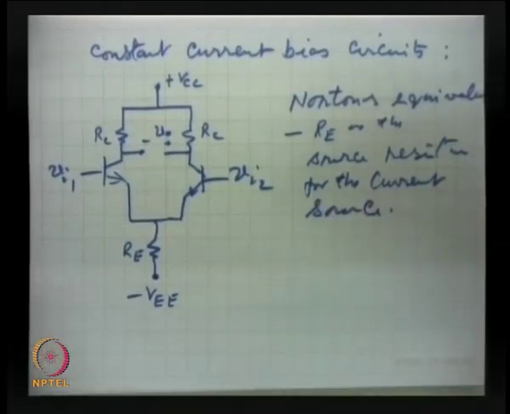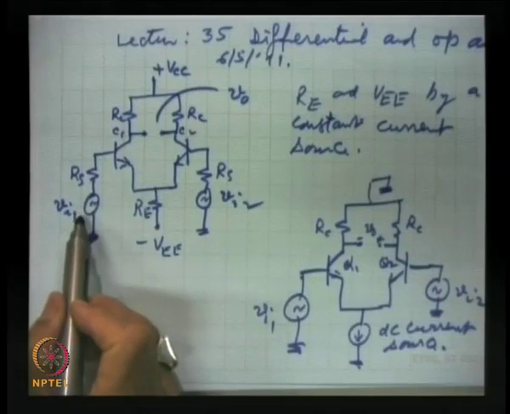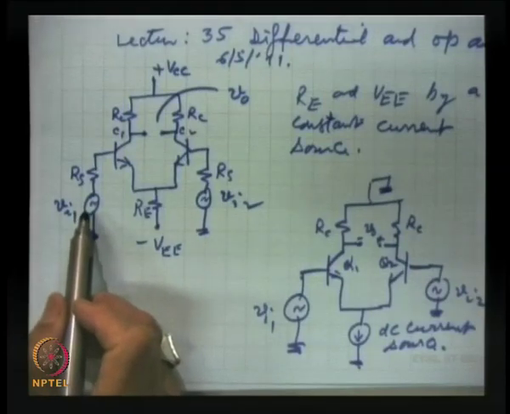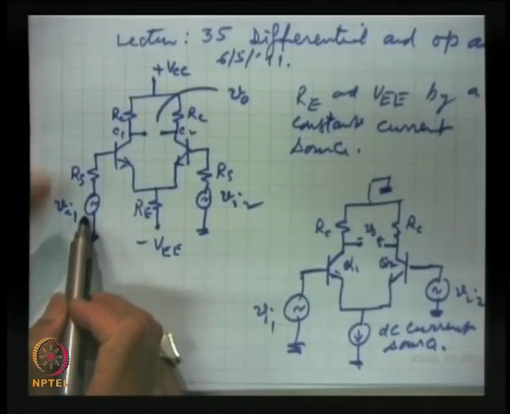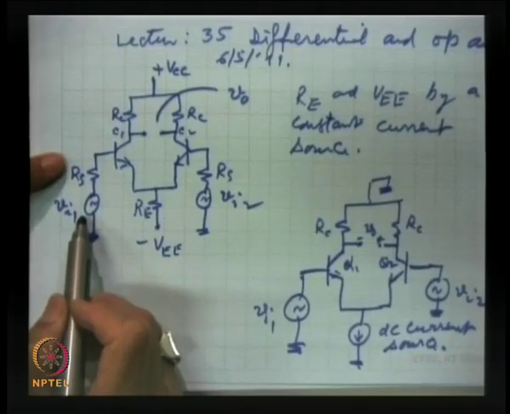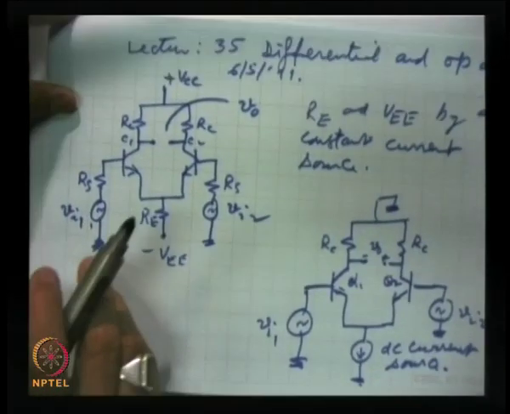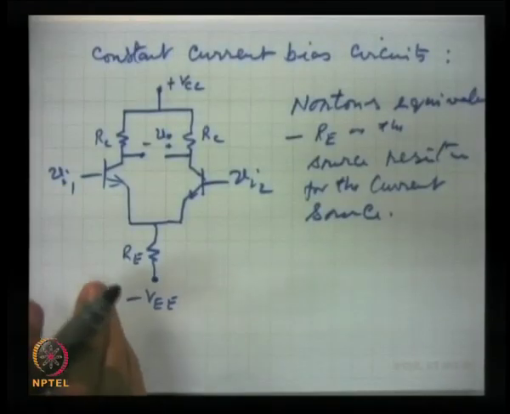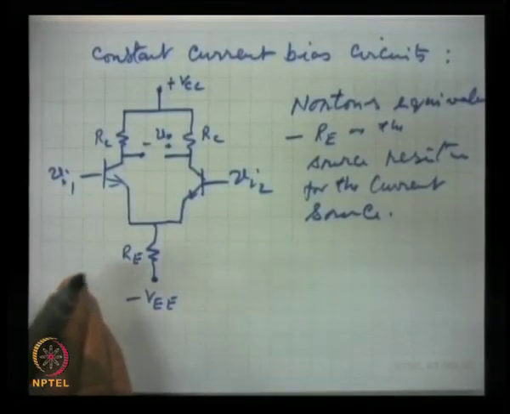For a current source, the source resistance must be very high, ideally infinite. You know, in these, this was a voltage source. A constant voltage source should have a low resistance, while the current source should have very high resistance, and we have neglected this Rs at several places.